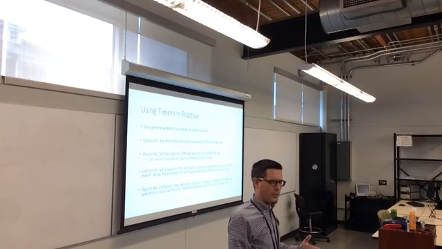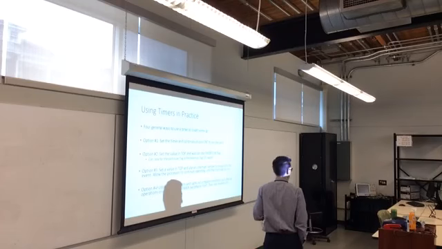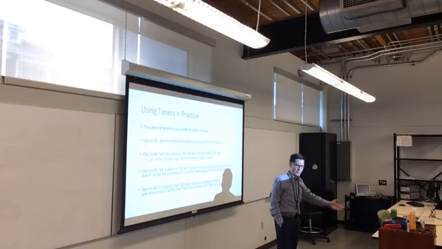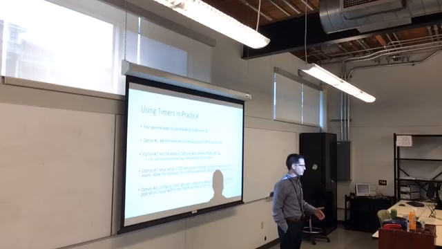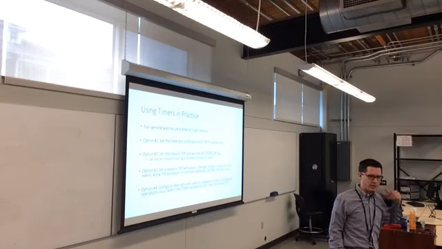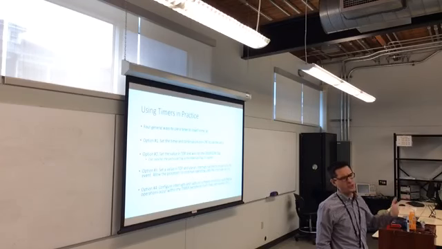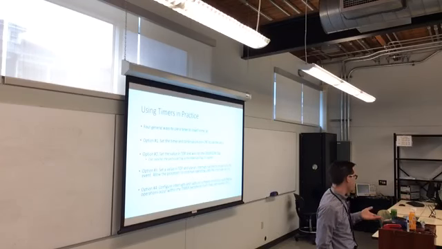Option 3 is the way that you should really work with and handle timers. The idea is that you set up your timer to go off after some amount of time, and then you set up an interrupt handler to deal with that event when it occurs. So your compiler, your tool chain, will have an interrupt handler that will get called when the interrupt occurs. That's where you do all the work related to the interrupt.